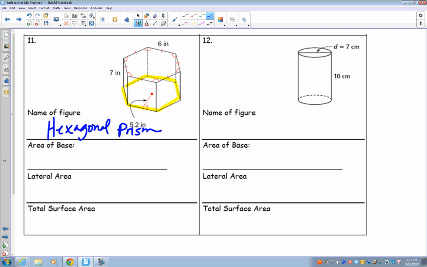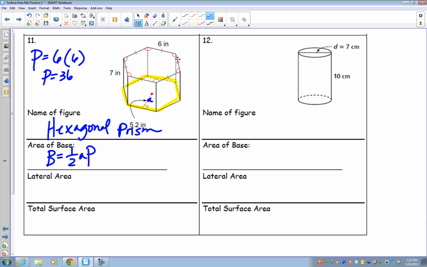To find the area of the base, you're going to use the formula 1/2 the apothem times the perimeter. This 5.2 is your apothem. The perimeter, since we have 6 sides and each side is 6, is 36.